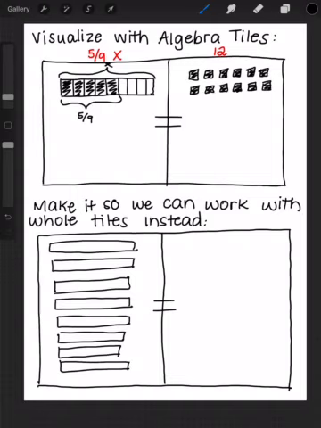One, two, three, four, five, six, seven, more. Okay, I have 1, 2.